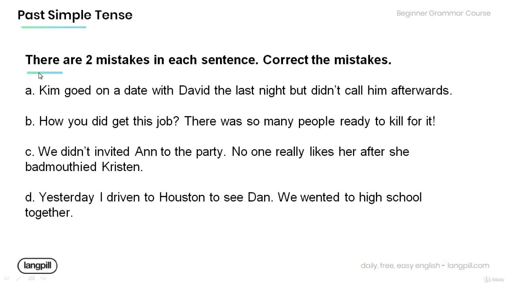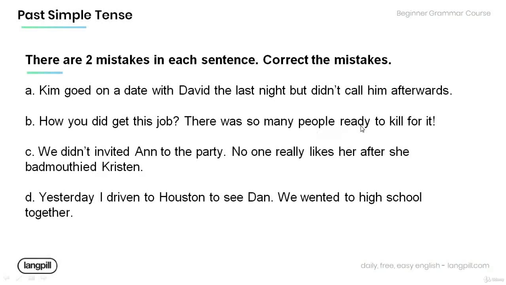There are 2 mistakes in each sentence below. Find those mistakes and correct them. A. Kim goed on a date with David the last night, but didn't call him afterwards. B. How you did get this job?